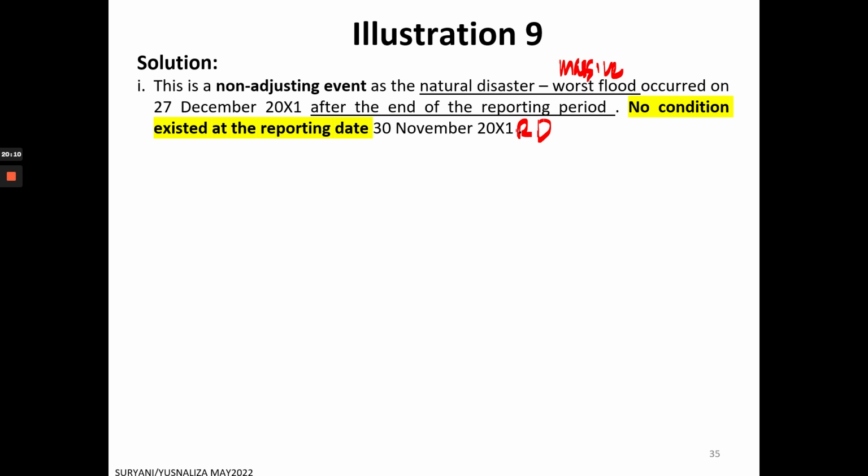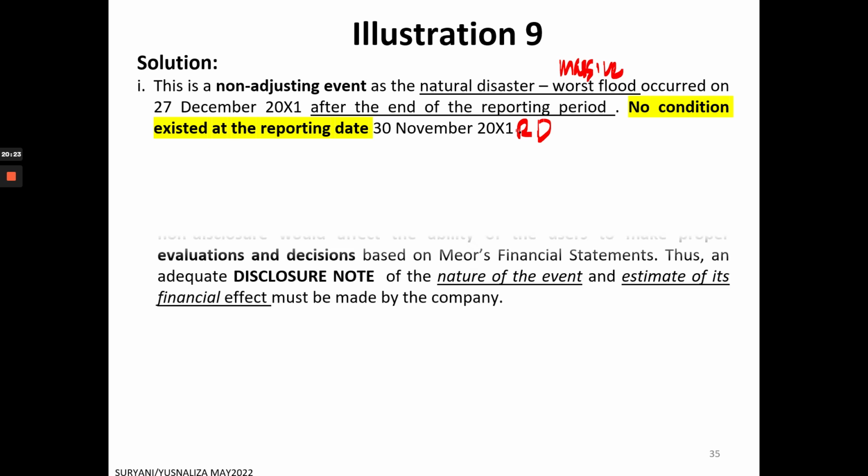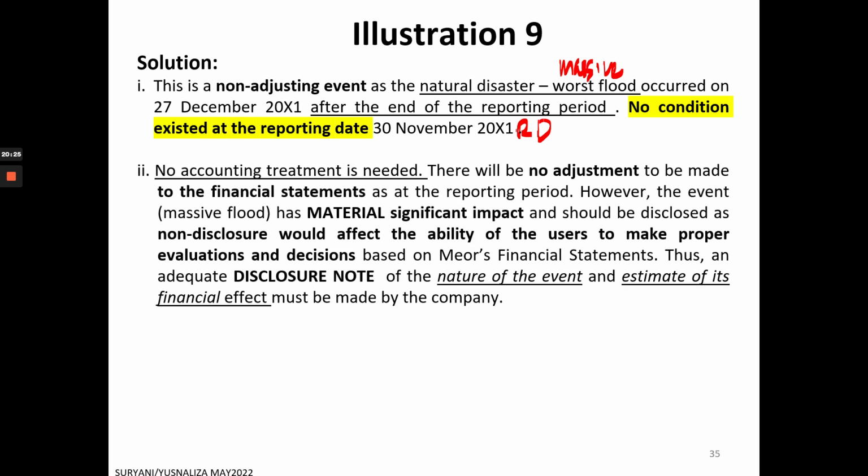So the year end is the reporting date, 30th of November. Therefore, no flood condition had yet existed on that date. The condition arose after the reporting period. So no accounting treatment is needed for this situation. There will be no adjustment in the financial statement ending 30th of November 20X1, the current year.